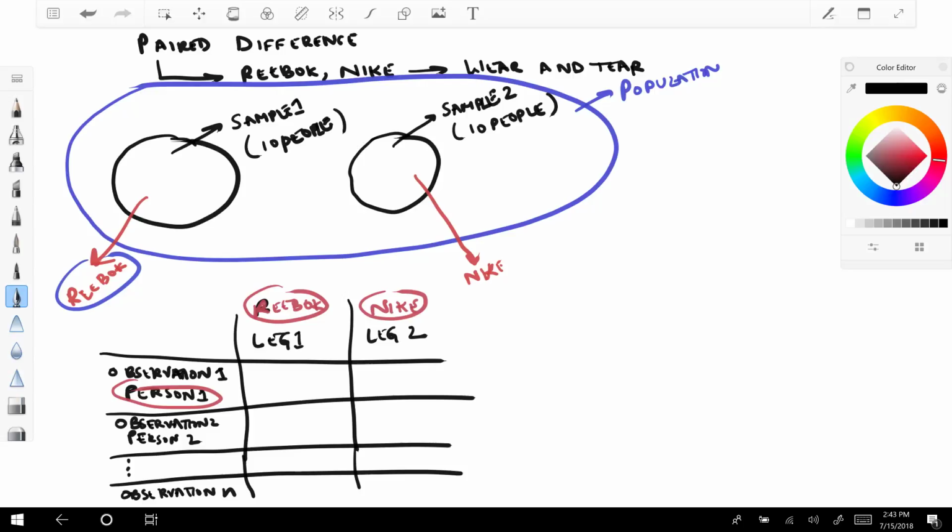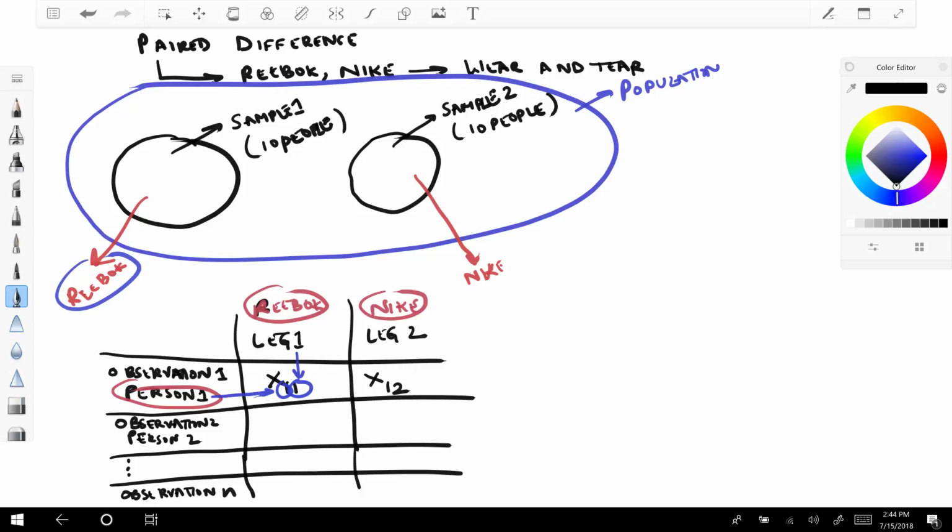So now if we get a measurement for observation 1 as x11, here the first index represents the observation number, that is person 1 or observation 1, and the second index represents the leg. So that's how you write x11, and then that means for the first observation, leg 2 is represented by x12.